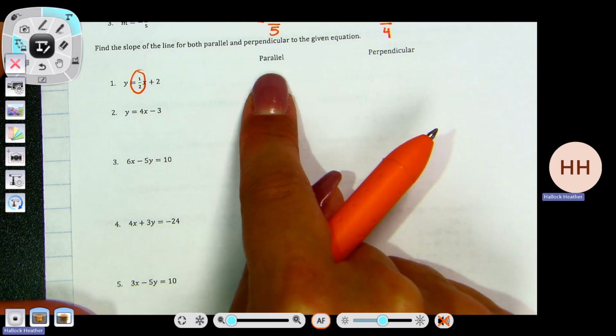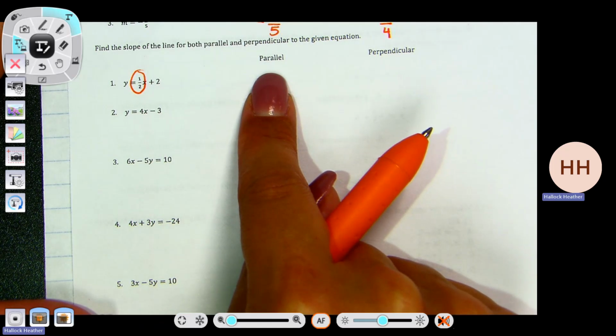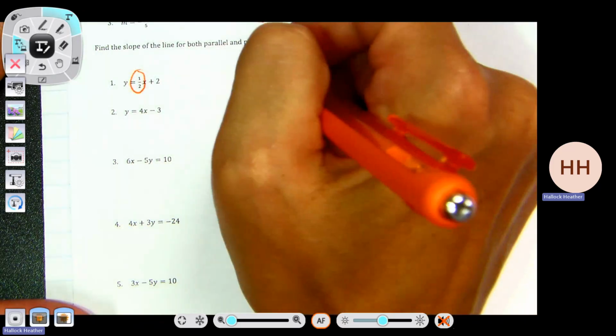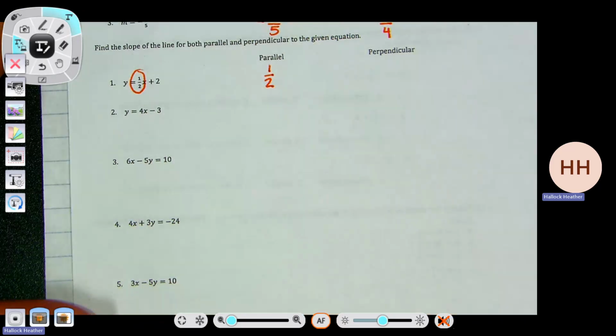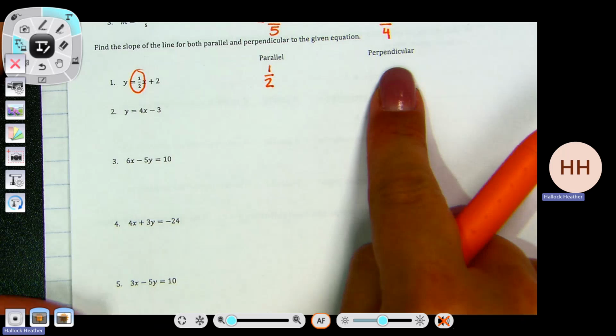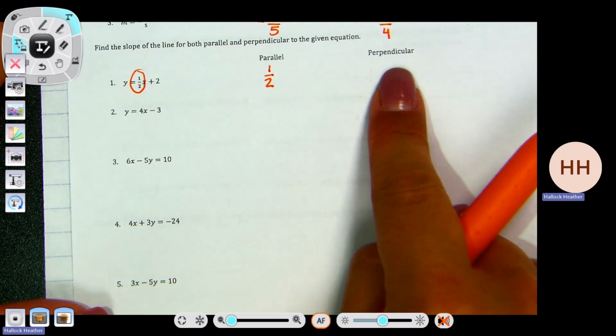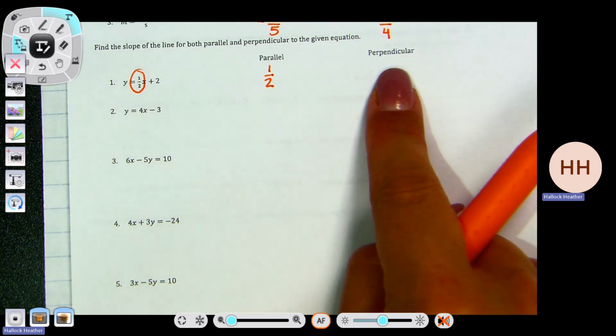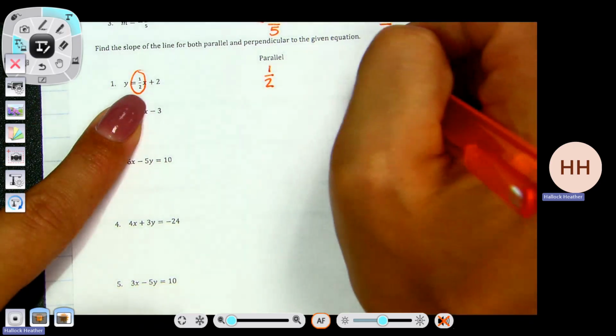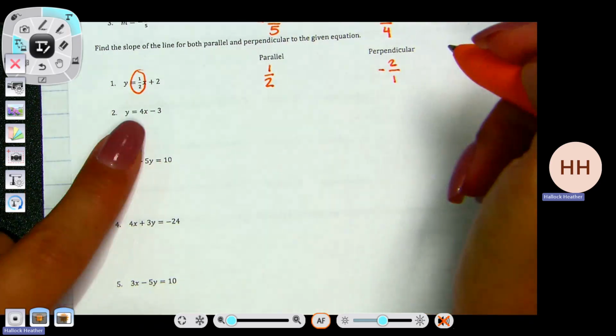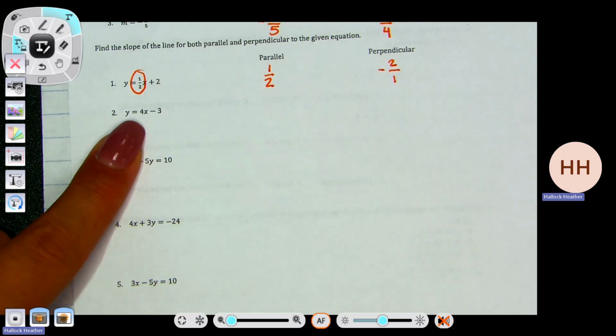The same one, 1/2. Parallel lines have the same slope. The perpendicular slope is the negative opposite, so -2/1. Good. Perpendicular, you flip it and you make it either positive or negative. It was positive, so now it's negative.